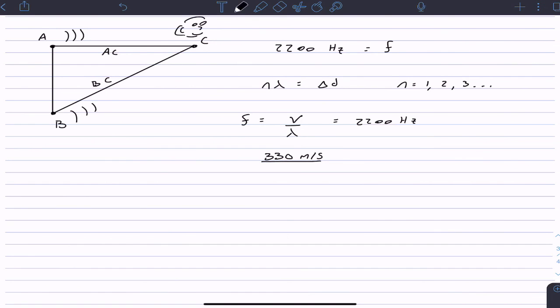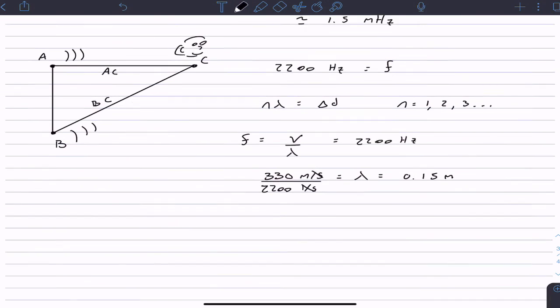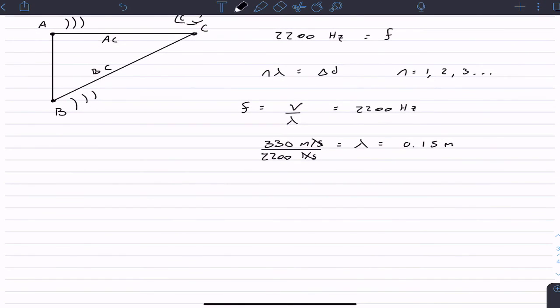We're told that in the problem, even though that's not explicitly what we've been told every time. That's what we're using in this situation. So we take that over 2200 hertz, which is 1 over seconds, right? So 1 over seconds cancels, and that leaves us with a wavelength equal to 0.15 meters. Okay, so that's a good start.